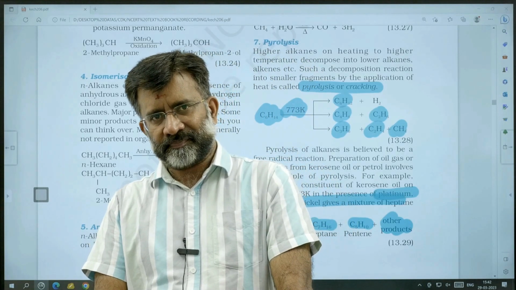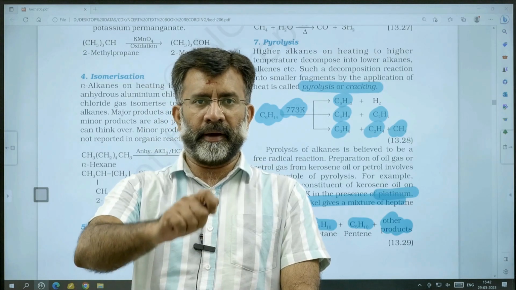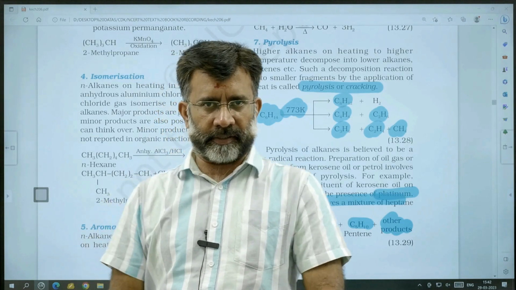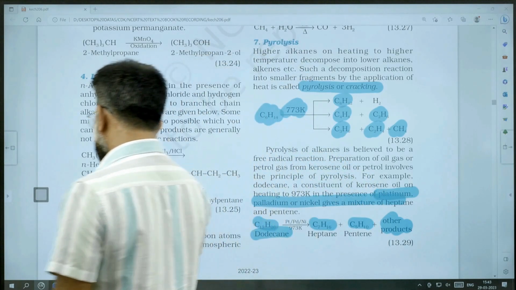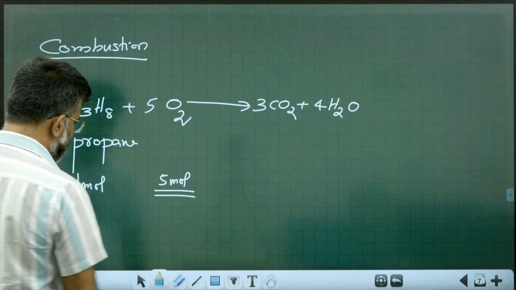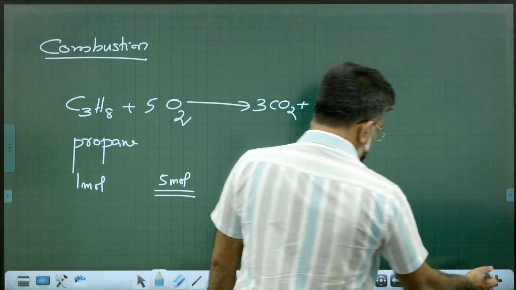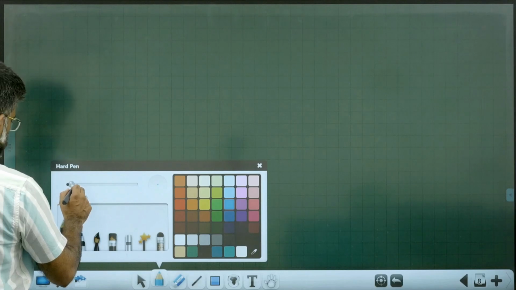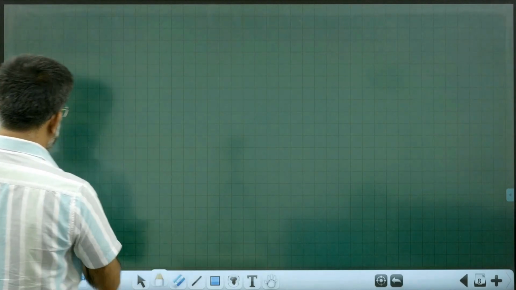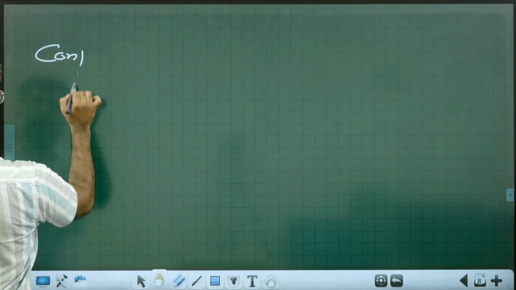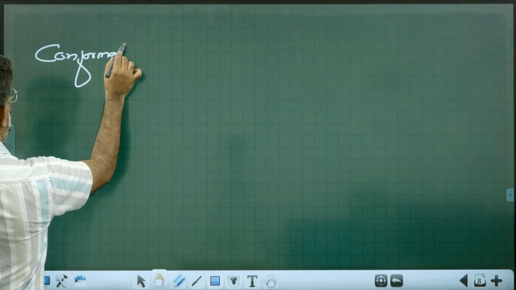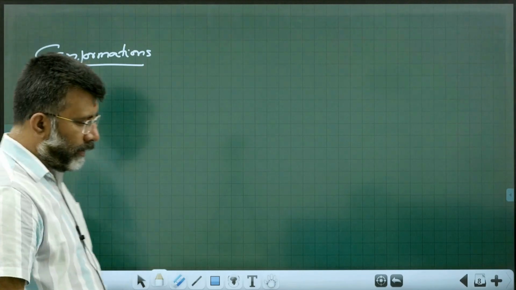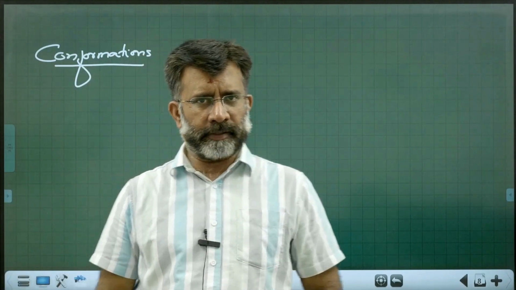And to wind up the segment on alkanes, we have one more topic, that is conformations. Hope you know conformations fall under stereochemistry. They are rotational isomers, conformational isomers. Conformations are obtained by free rotation through a sigma bond.